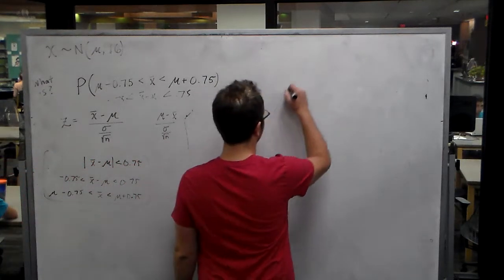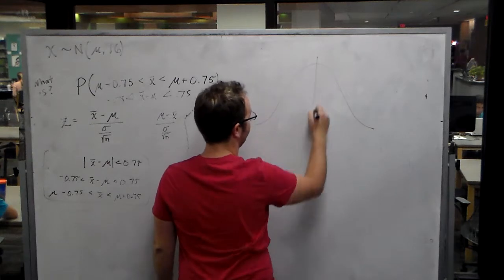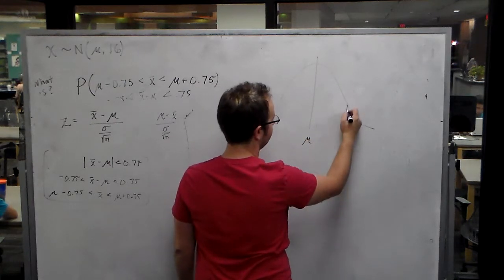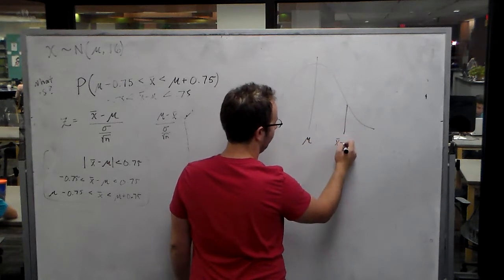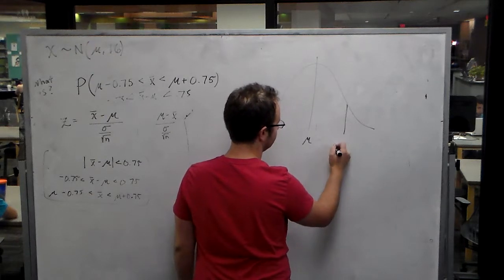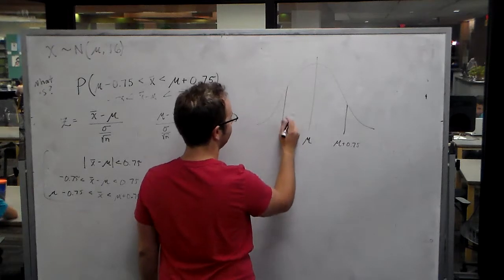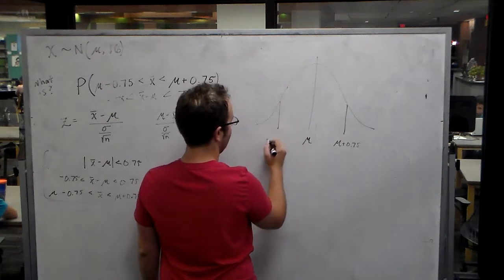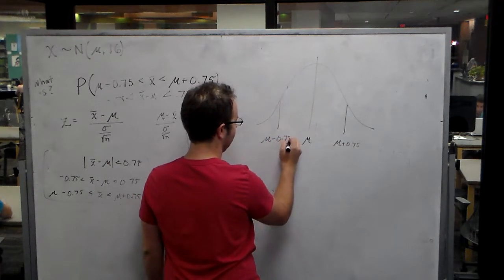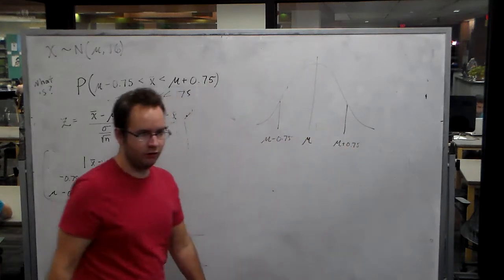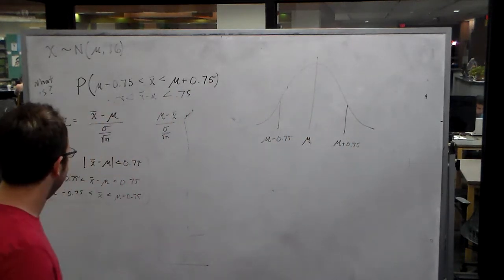You can look at a normal distribution. This is the mean mu. And we care to know how much area corresponds to this envelope, given the information that we're given.